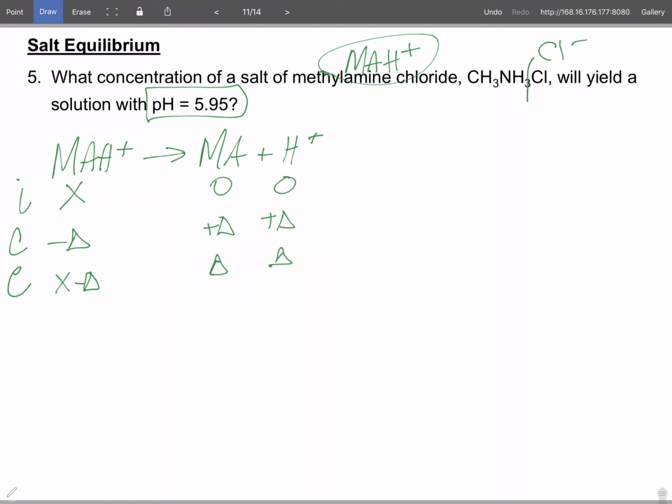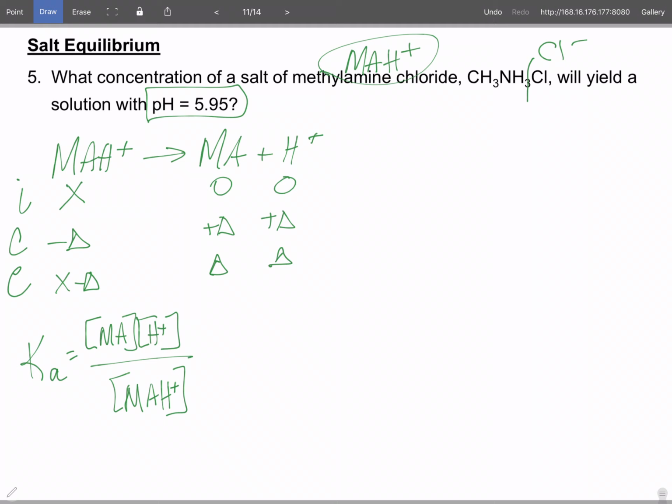So right now, with our K, this is a Ka. We have two unknowns, two variables, and that can't fly, because what we're looking for is X. So X is our unknown. So we have to figure out delta.